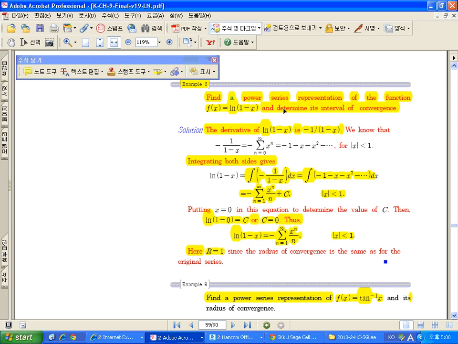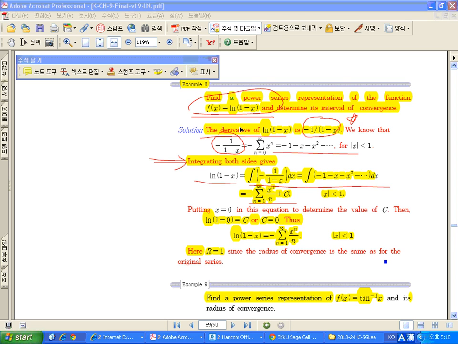Example 8. Find the power series representation of this log function. If you find the derivative of this, then it is this. So the power series of this can be written in this way. If we take an integration on both sides, then ln of 1 minus x can be obtained from here. So you don't have to do the differentiation to get the coefficients of all the terms in the power series. You can use known results to get the power series of these log functions.